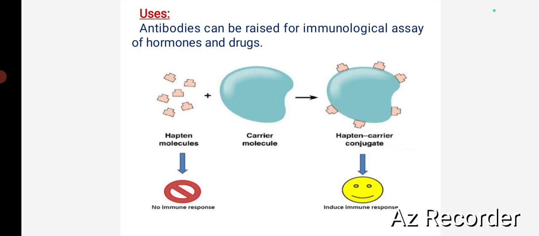When conjugated with a carrier molecule, then only it becomes active. This hapten carrier conjugate complex alone induces the immune response. The picture shows the individual hapten does not produce the immune response. When the hapten molecule is combined with the carrier molecule, then only does it produce the immune response.